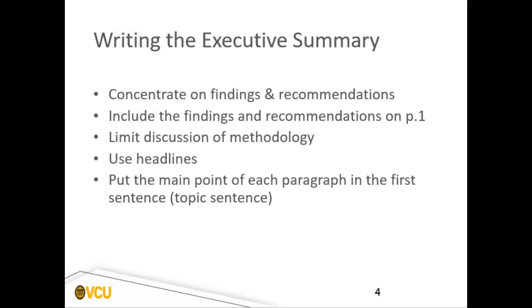The discussion of the methodology should be brief and non-technical. The full methodological section should go in the main report or in the appendix. To draw the attention of the reader and to make it visually appealing to read, it's important to strategically use headlines. The main point of the paragraph should be in the first sentence.